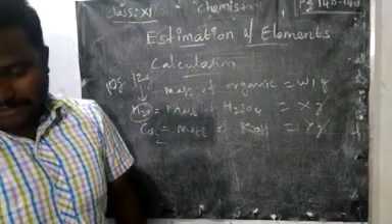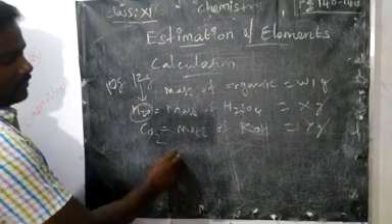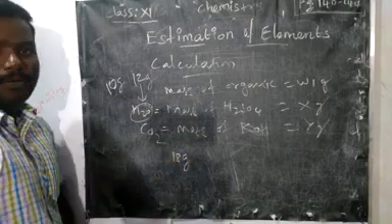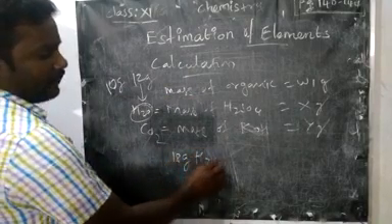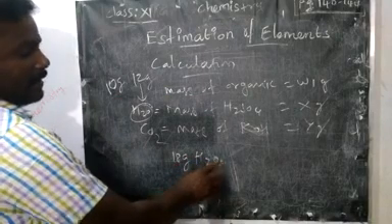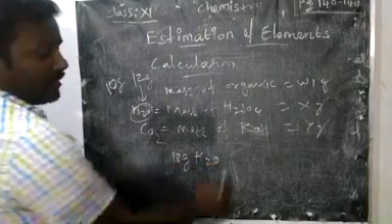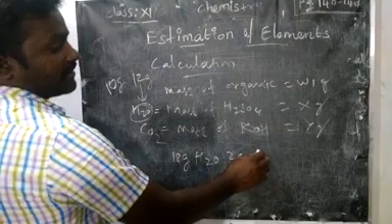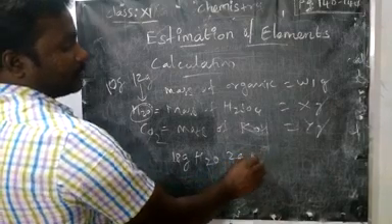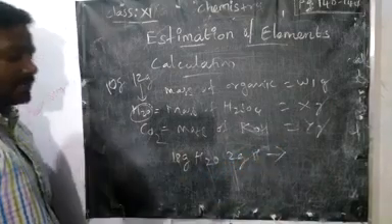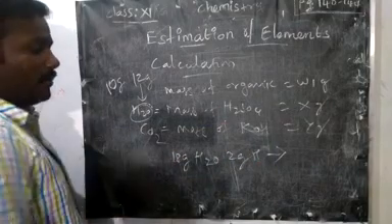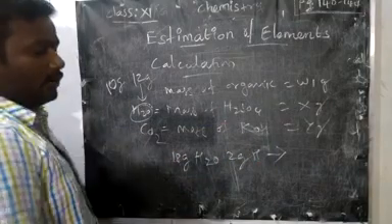So the next step, for water, the mass of water is 18 gram. In the 18 gram of water, how many gram of hydrogen is present? 2 gram of hydrogen is present, right? That means in x gram, how much hydrogen is present, that is what you want to find.